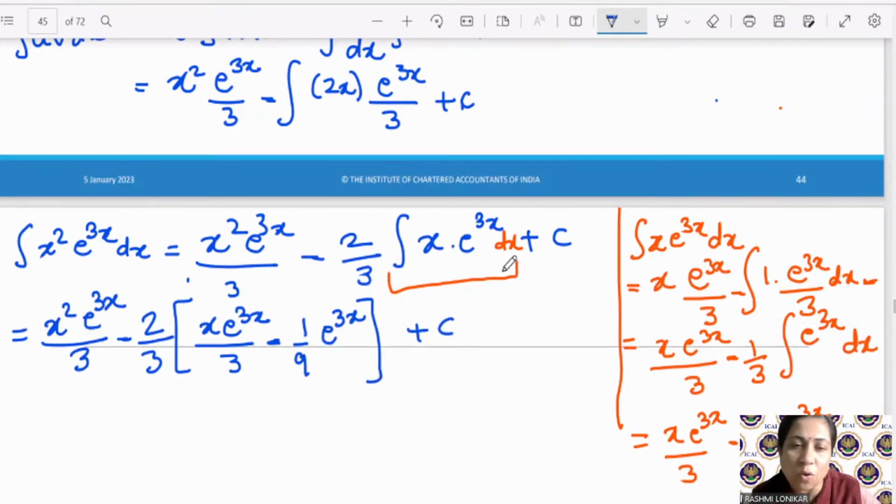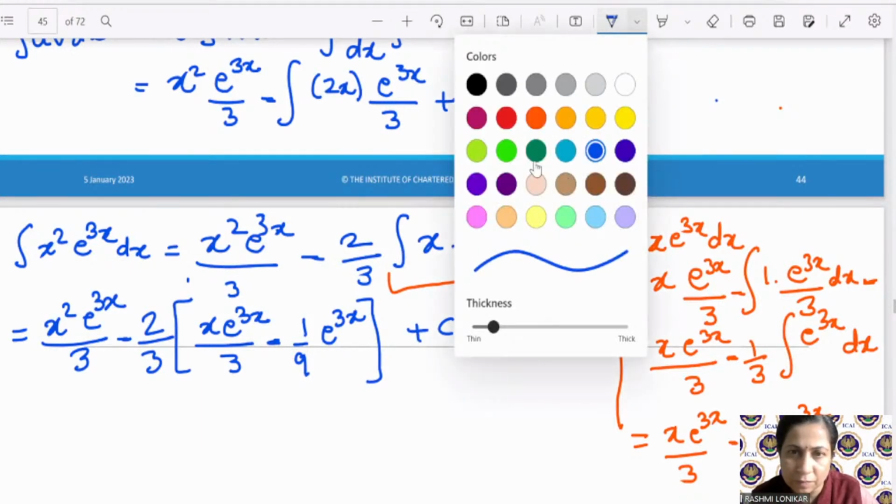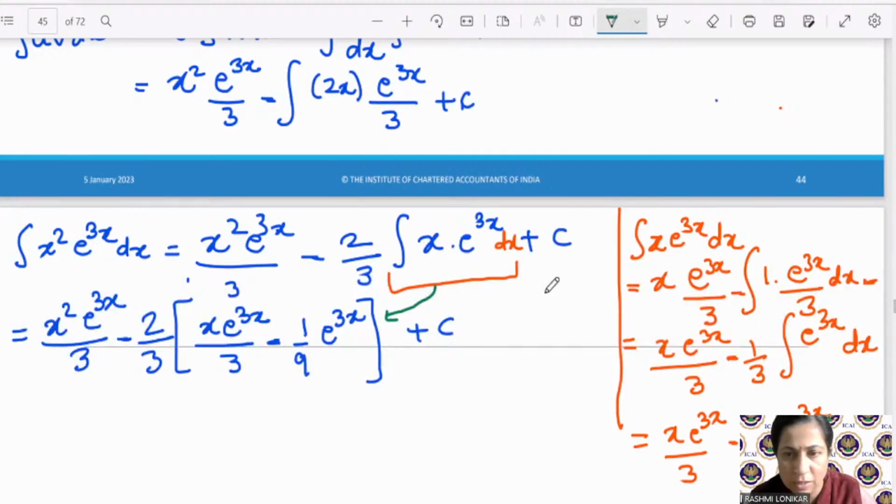So for this part I have written this. The integration of this is this. From where did I get this? This value is equal to x e raised to 3x upon 3 minus 1 upon 3 e raised to 3x upon 3. Clear?